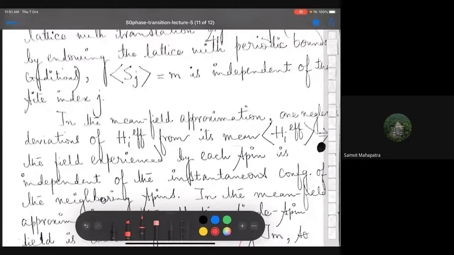Shall I continue? What do others say? Can you make out what I am saying, or is it not clear?